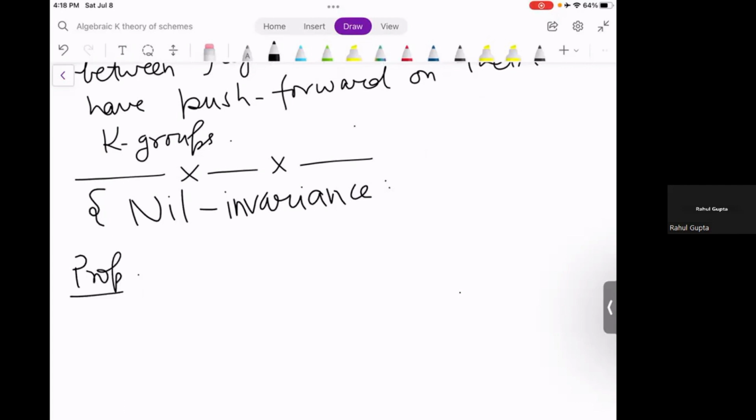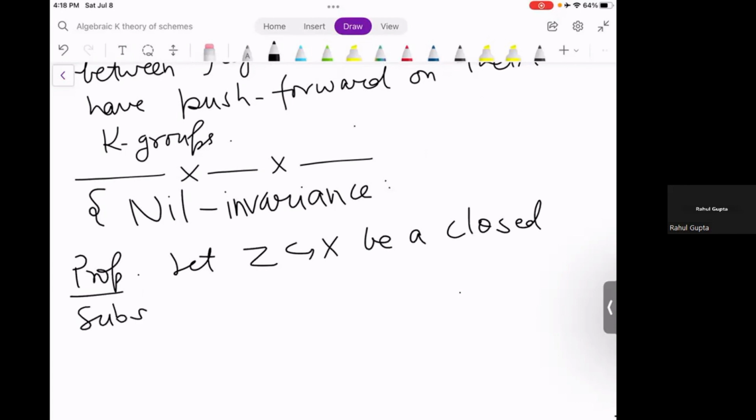Proposition: let Z inside X be a closed subscheme such that the ideal of Z is nilpotent.